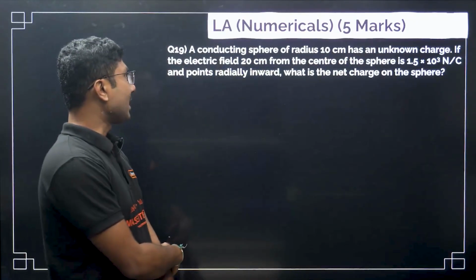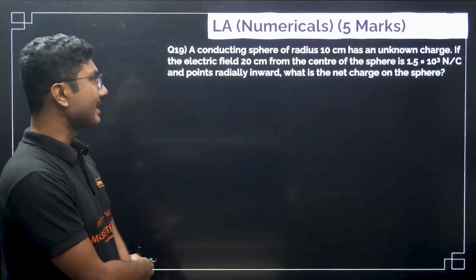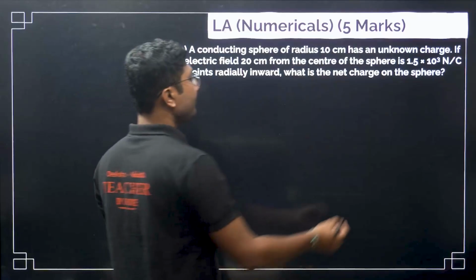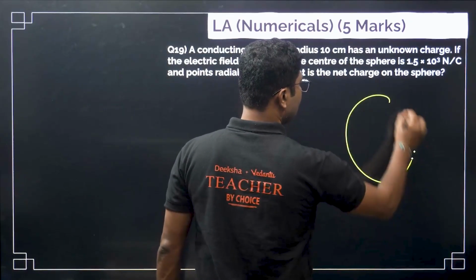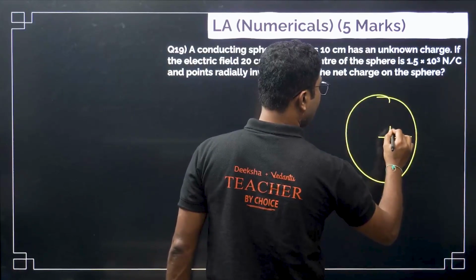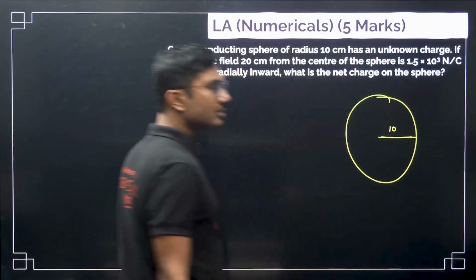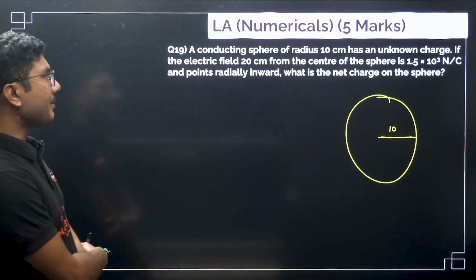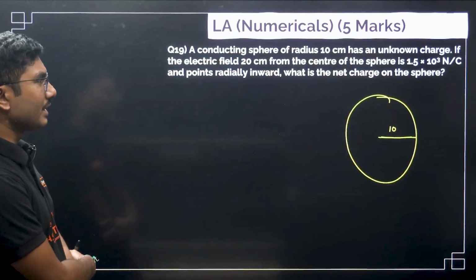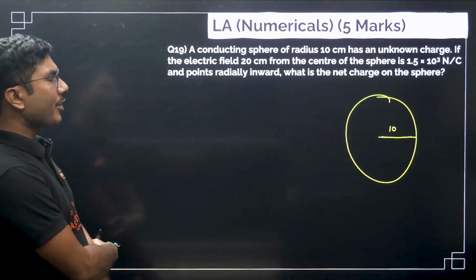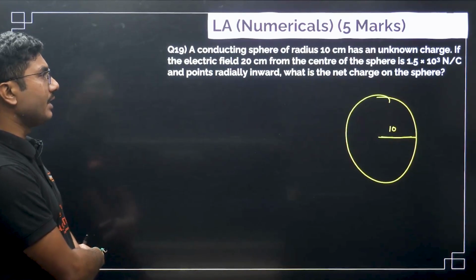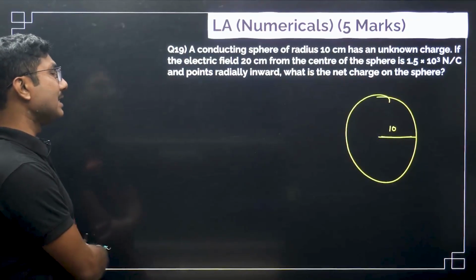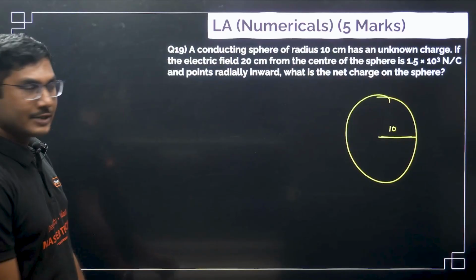Now the next question: a conducting sphere of radius 10 centimeter has an unknown charge. The charge is not known. If the electric field 20 centimeter from the center of the sphere is 1.5 into 10 to the power of 3 Newton per Coulomb and points radially inward, what is the net charge on the sphere?